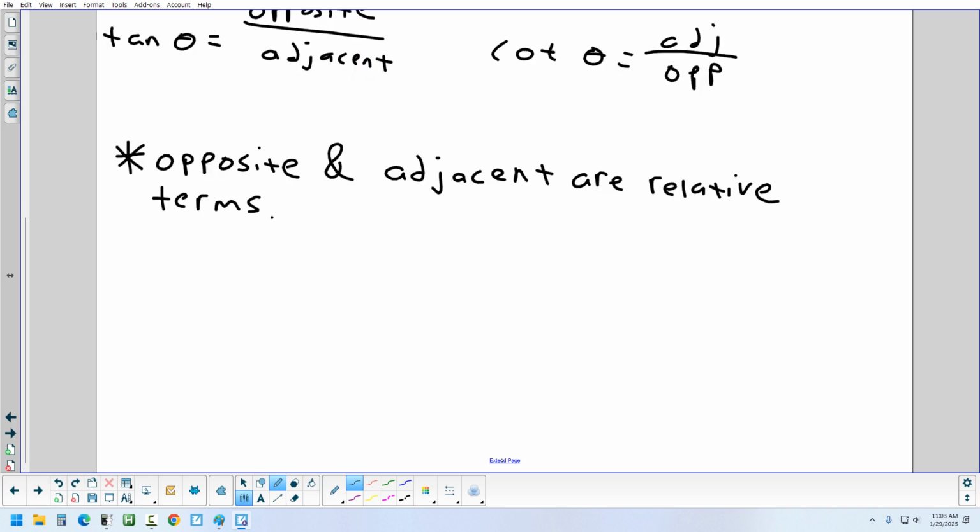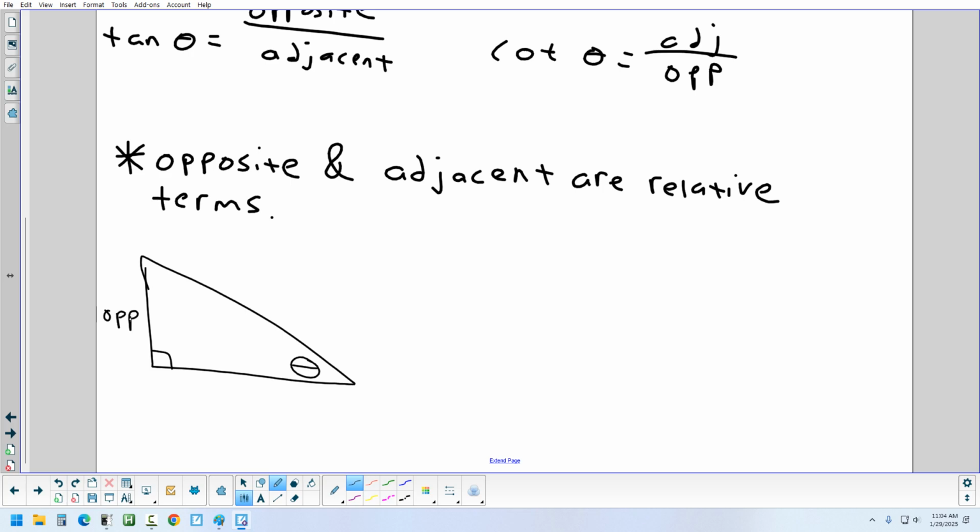So how do you know what the perspective is? Well, in the triangle, they will mark one of the unknown angles. And the question would usually say, using theta, or from the perspective of theta, what side is opposite? Opposite is always farthest away.